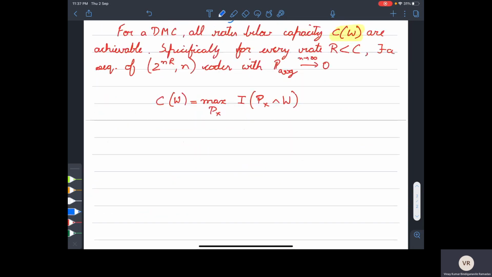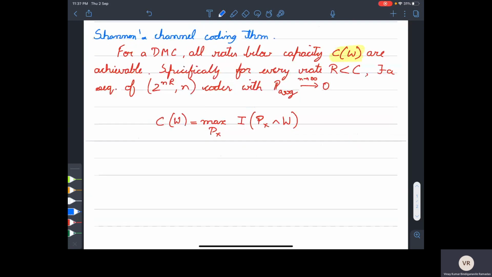Okay, now that we have the channel coding theorem, let's look at it a bit deeper. So first of all, notice that the theorem just gives existence of codes. It only says there exists a sequence of (2^{nR}, n) codes. It does not say anything about how to construct these codes.